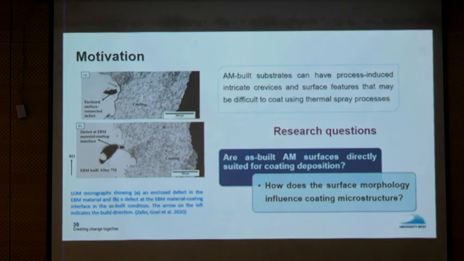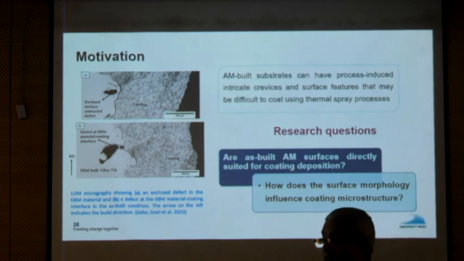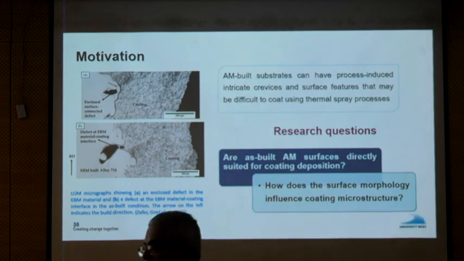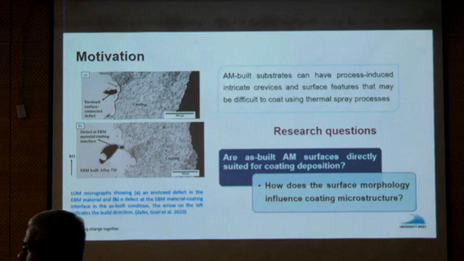What happens? What do you think happens? Are as-built surfaces ready to be coated, or what does your common sense tell you? Are they ready to be coated, or will you have trouble coating as-built?